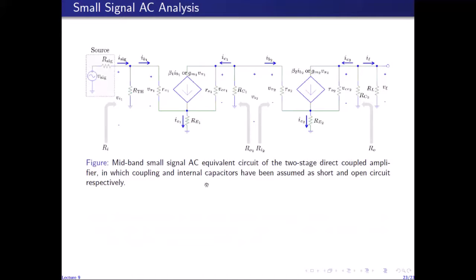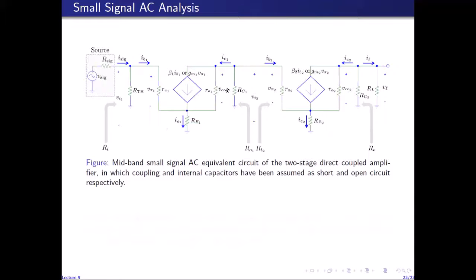Then in order to find the small signal quantities of the direct coupled multi-stage amplifier, we need to analyze the AC equivalent circuit, which is obtained by short circuiting the DC voltage sources to ground. And since we are operating in the mid-band frequency range, we have short circuited the coupling capacitors, and we have ignored the internal capacitance of the BJT.